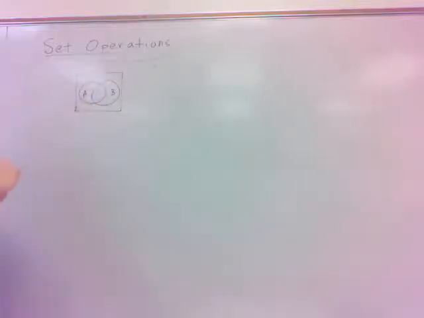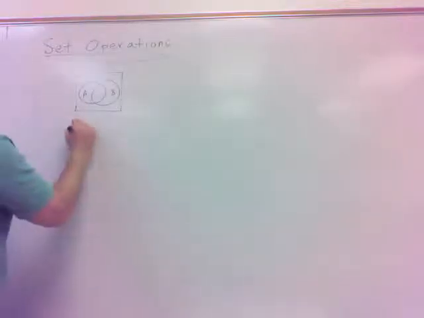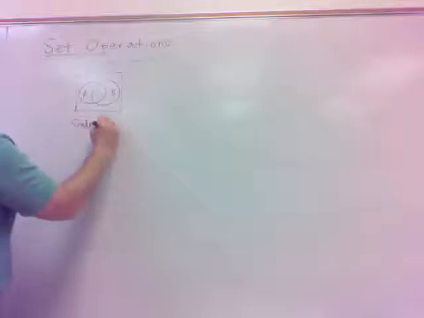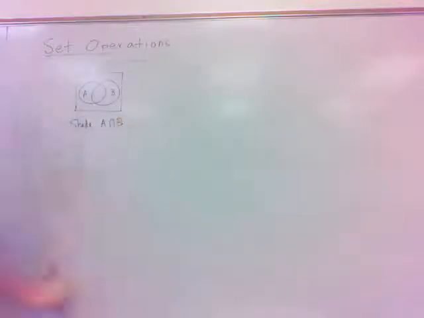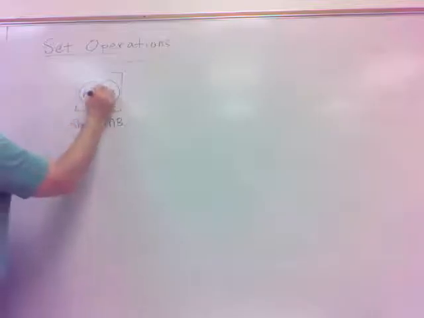So we put the A and the B circles here. If I told you to shade A intersection B, would that be easy? What is intersection? It's what they have in common, where they overlap. So what would I shade? Right here in the middle, right?